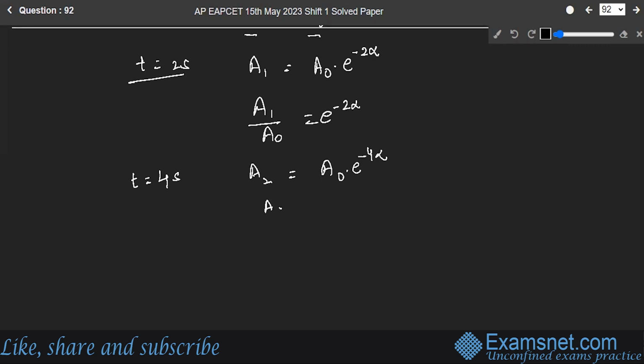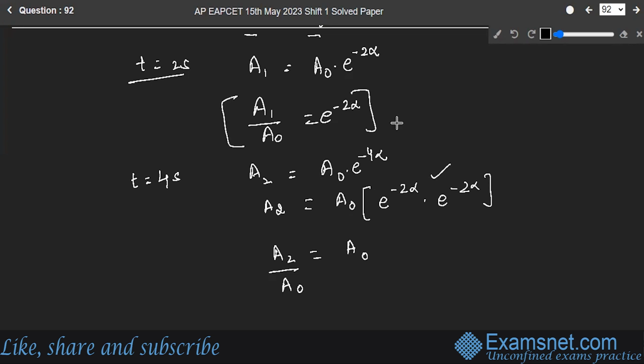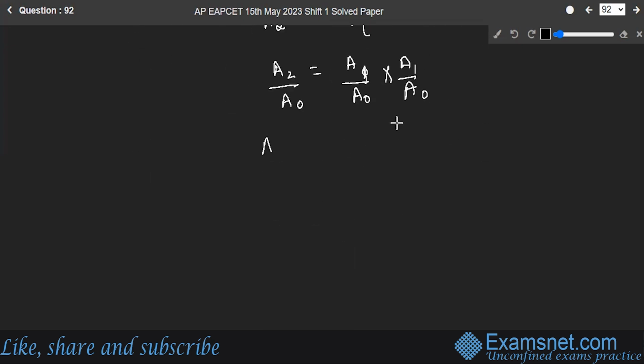So A2 is equal to e raised to power minus 2 alpha into e raised to power minus 2 alpha, or A2 upon A naught can be written as A1 upon A naught into A1 upon A naught. Or you have A2 upon A naught is equal to A1 square upon A naught square.